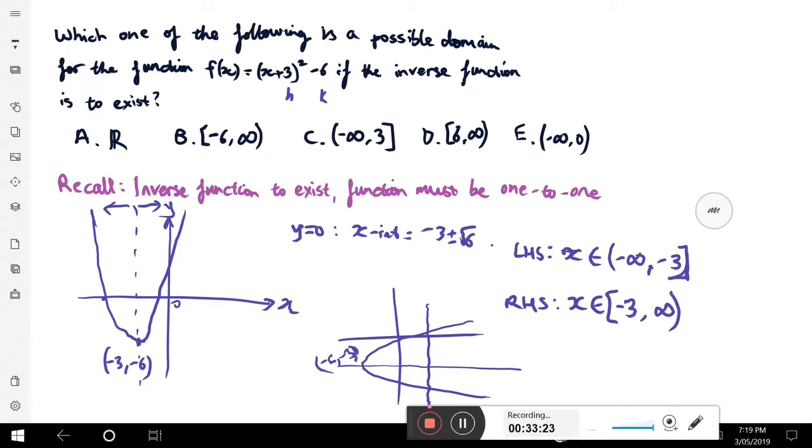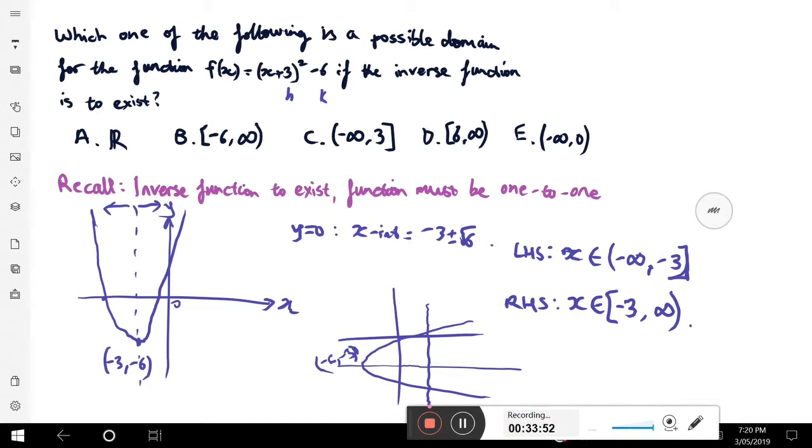Okay, so if you look at our options A, B, C, D, E, you notice that none of them actually match it. Don't be fooled by C, -infinity to 3. Our graph here is -infinity to -3. That's different, so don't pick that out of haste. Although you can take just the left-hand side or just the right-hand side, you can also take just a portion, just a part of the left-hand side or a part of the right-hand side.